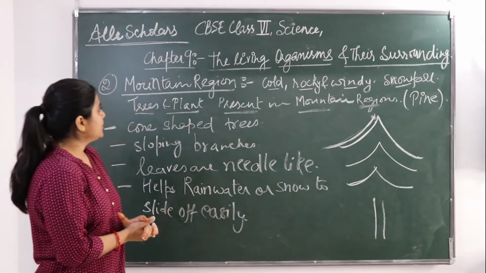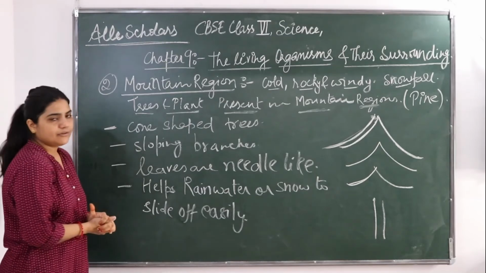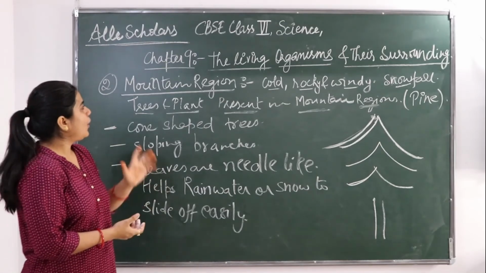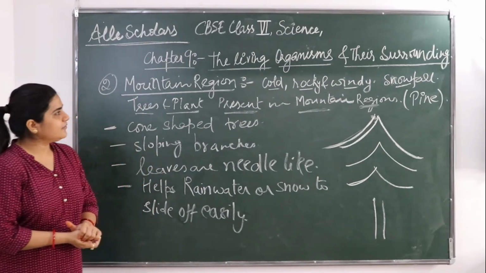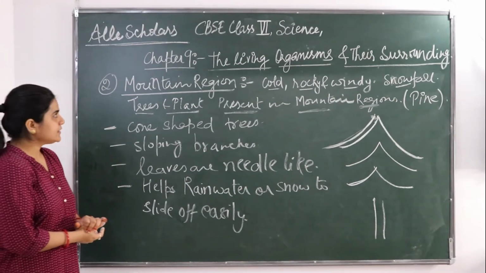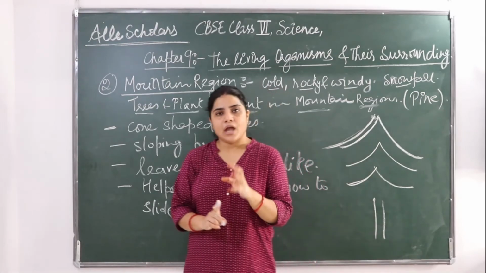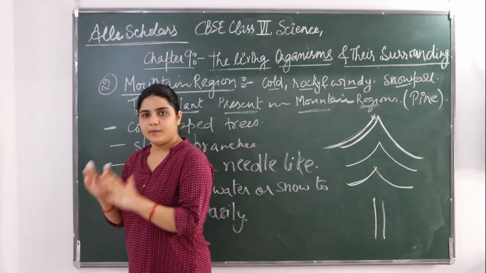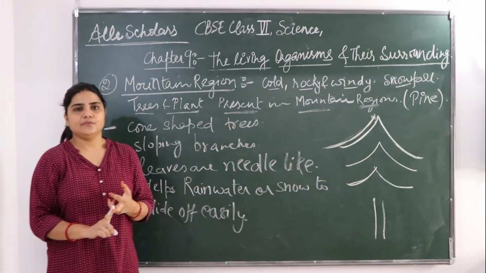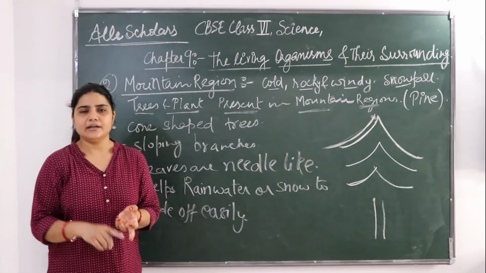Okay, so this was all for today. Here I finished my part 2 of chapter 9, that is the living organisms and their surrounding. Okay, so we have seen here about habitat, different habitats. In that we have discussed the terrestrial habitat.